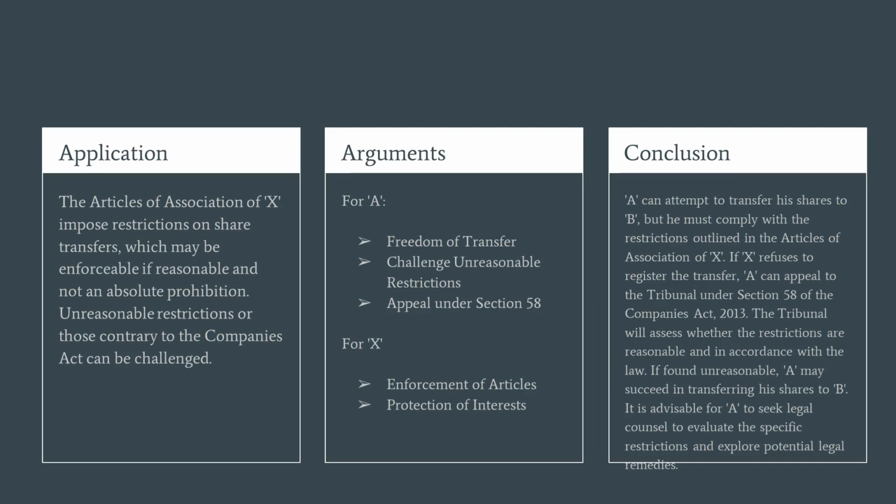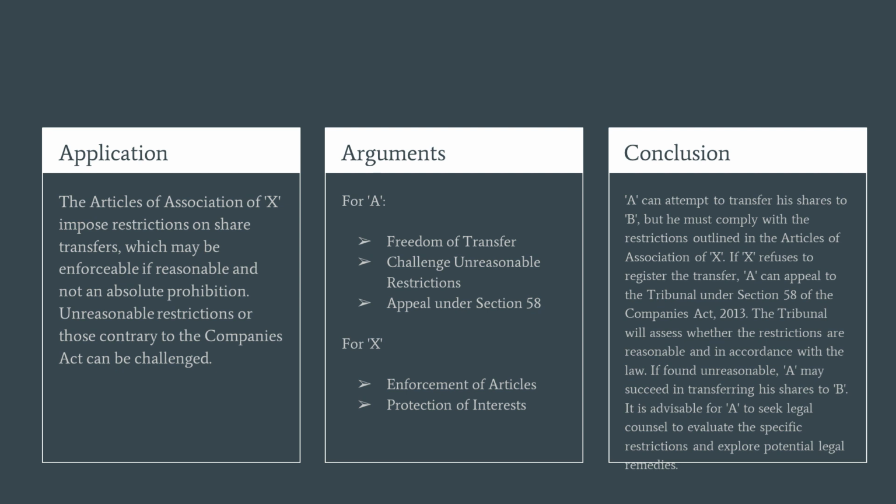So this is a condition here. When there is a reasonable reason, then the company may impose restrictions. But if the reason is unreasonable, the company's act can be challenged. Anyone can challenge the act.